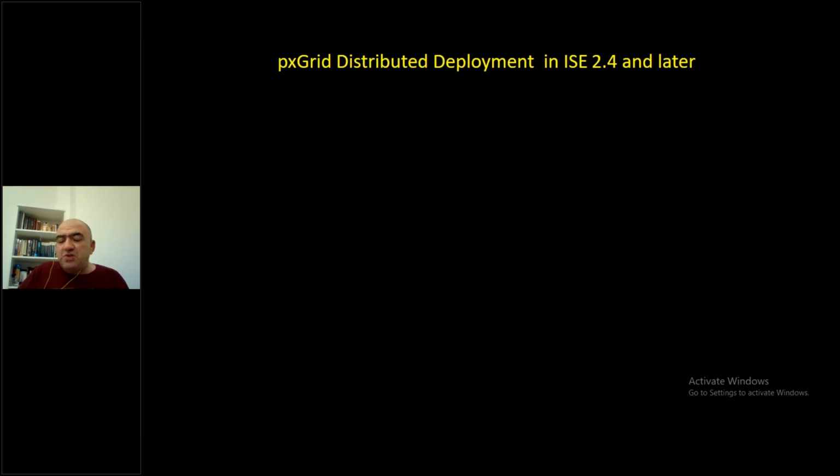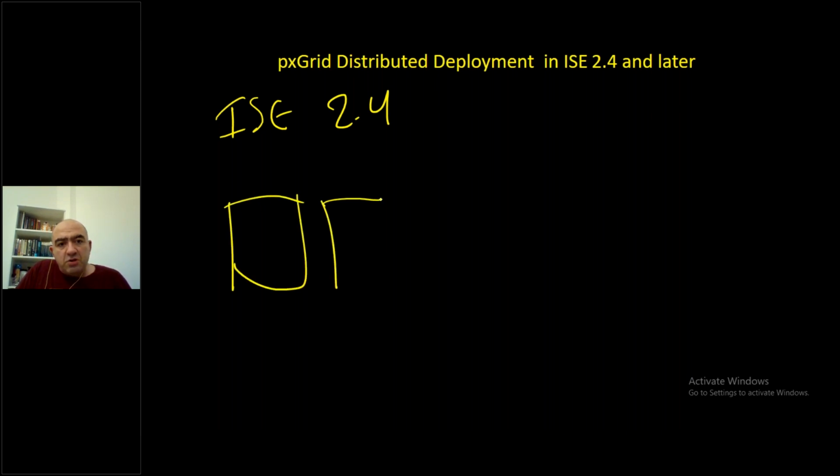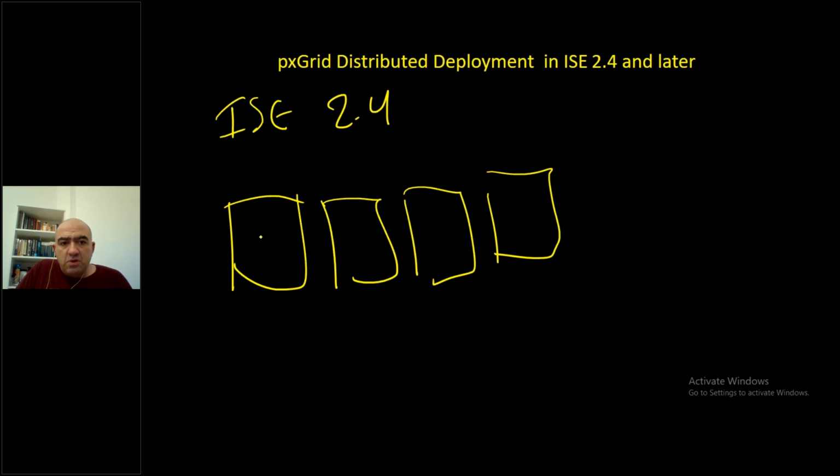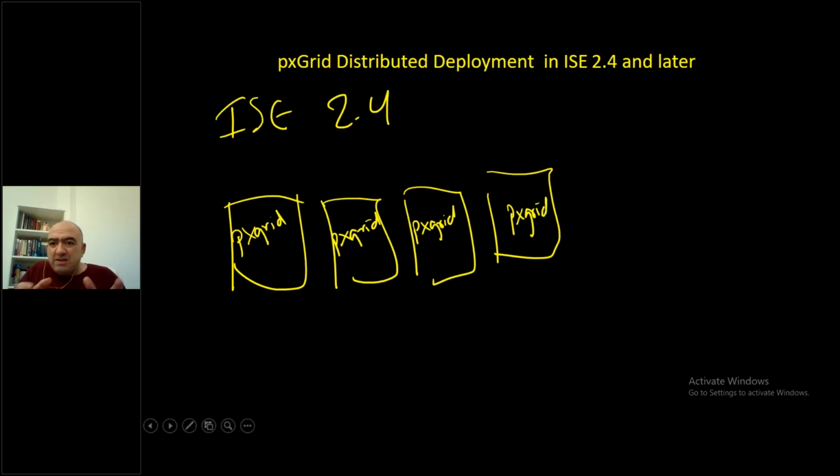Just quickly, let me explain something. Starting from ISE 2.4, we can have 4 nodes acting as pxGrid. What is inside them? Normally I will not add the pxGrid in my node that is acting as administration or monitoring.